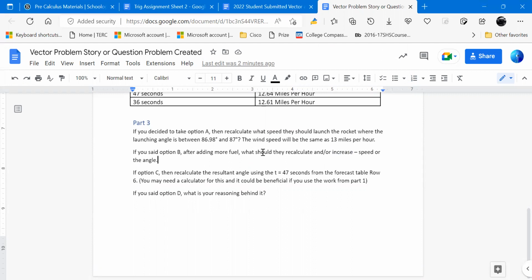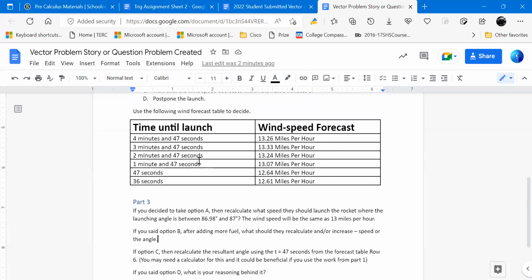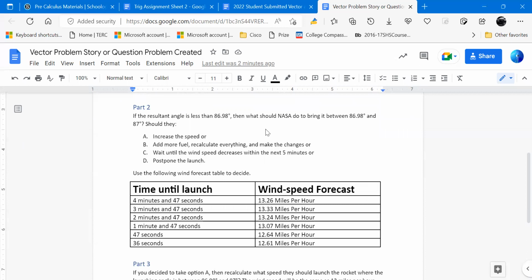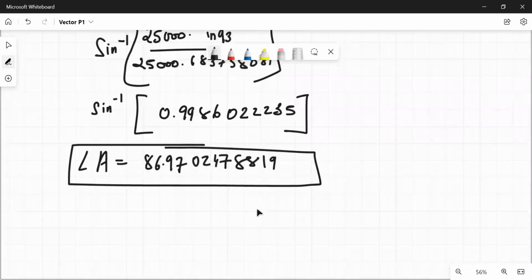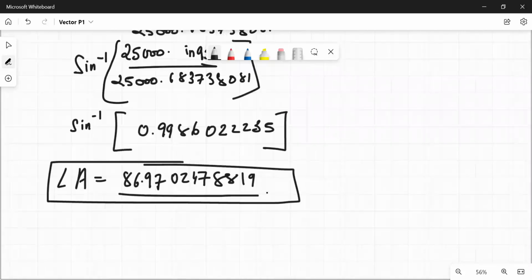For this, I would say that if they increase the speed, it's going to help, of course, so that when you're finding the resultant vector and the resultant angle, it's going to be very, very close to what we have right here, 86.9702.